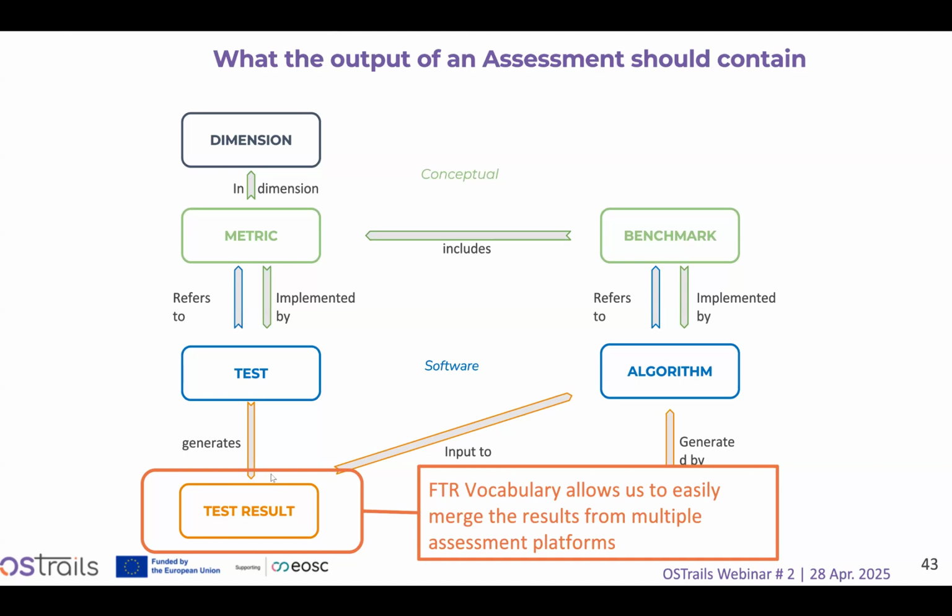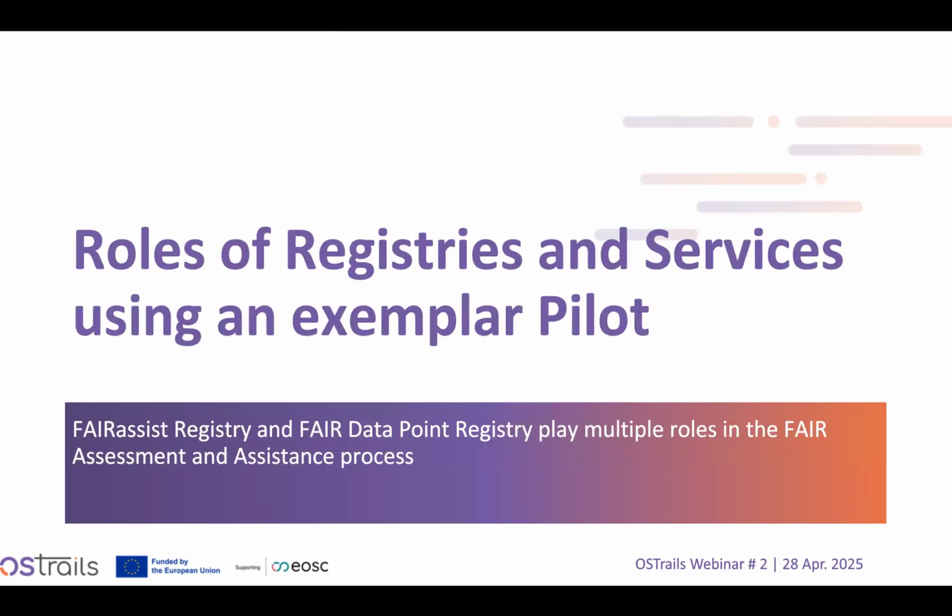So I can execute tests from multiple tools and merge the results together effortlessly because they're all using the same vocabulary called the FTR, FAIR Test Resource Vocabulary. They're all using the same vocabulary to express the outputs and the results of a test.